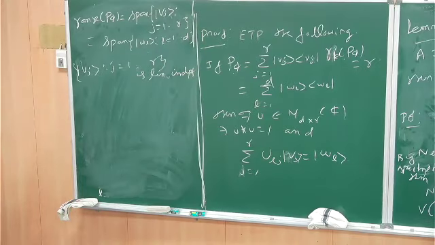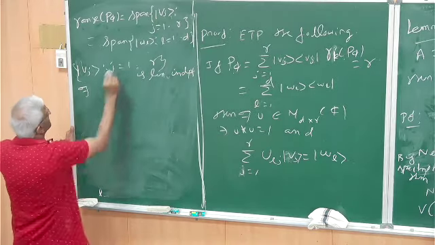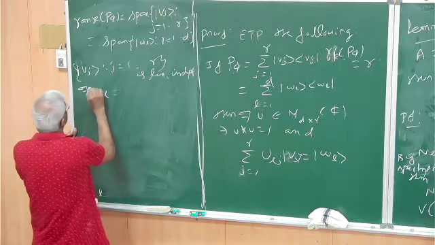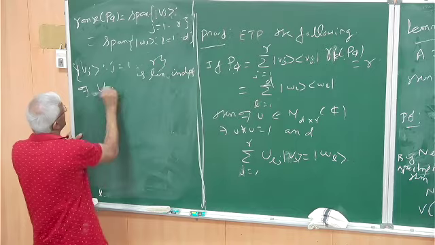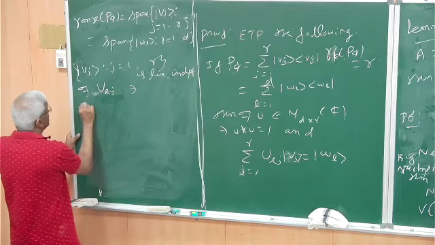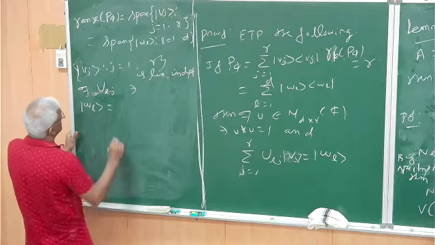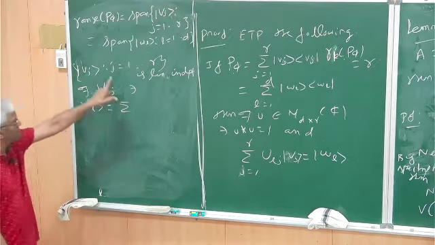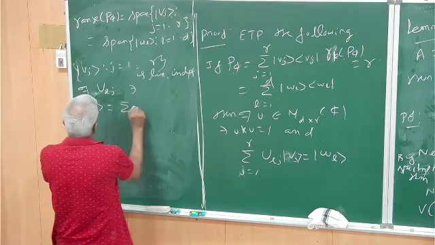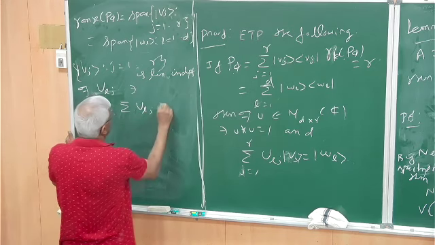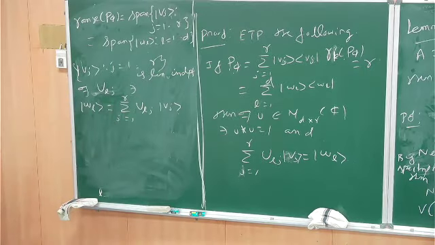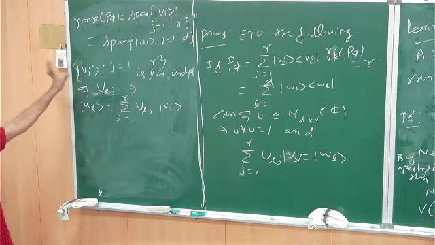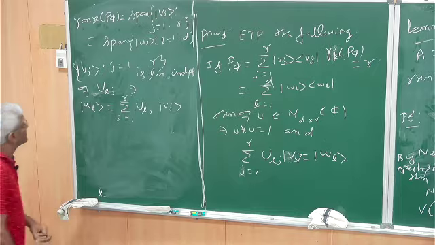So there exist U L J such that WL is equal to a linear combination of all those V's, summation U L J Vj, j equal to 1 to R, because they are linearly independent. Of course, the WLs will not be linearly independent; they just span. We can write it like this.